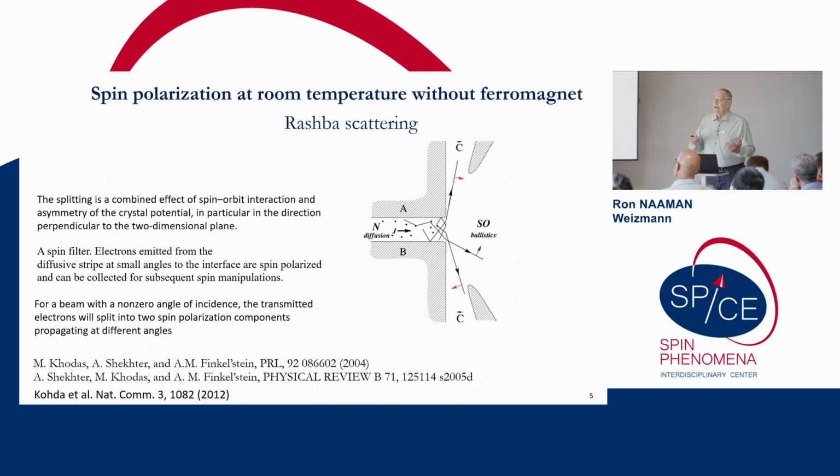Something that's more familiar to most of you is the Rashba effect, and I want to mention specifically a twist on the Rashba effect. It's a work that was done by Finkelstein. He used to be at the Weizmann Institute, and he actually demonstrated how, using the Rashba effect, one can create a spin filter. And in principle, it's the same concept. You have spin and you have spatial separation.